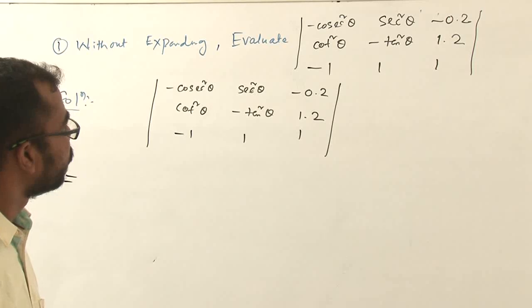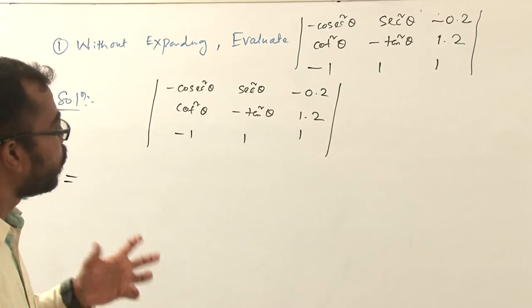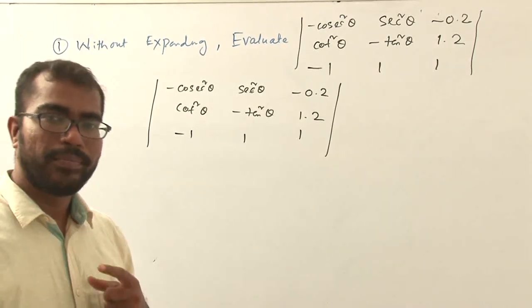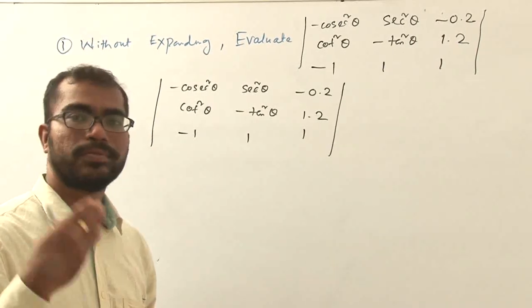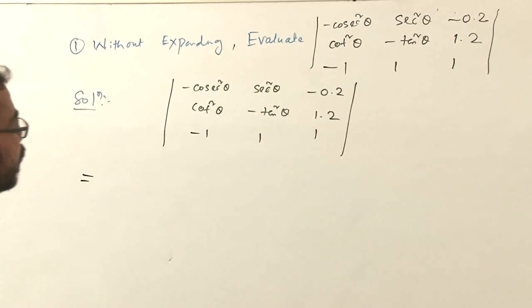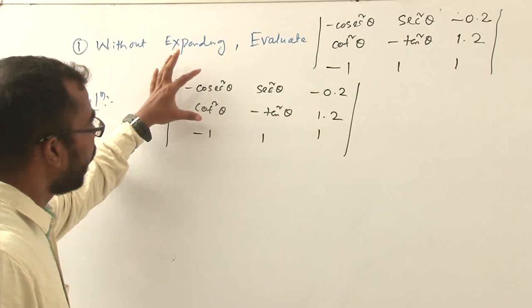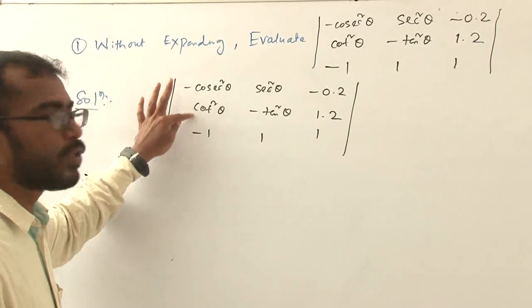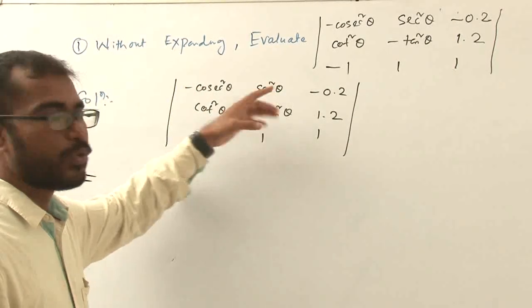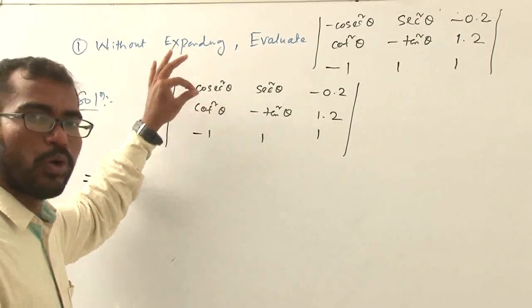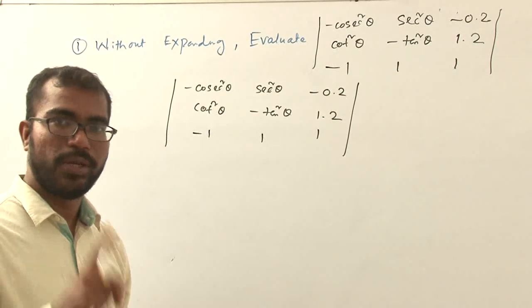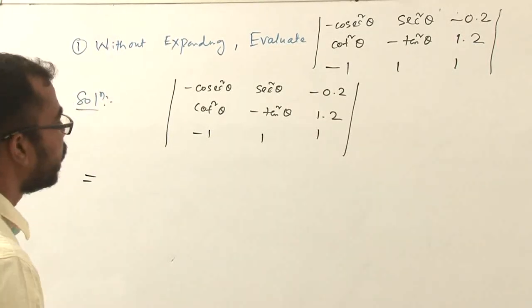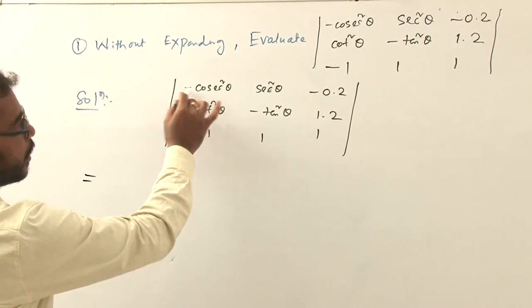So here we have to add some rows or columns to get a formula. Because we have cosec square related to cot square, and sec square related to tan square, we have to add rows or columns. First we have to think.